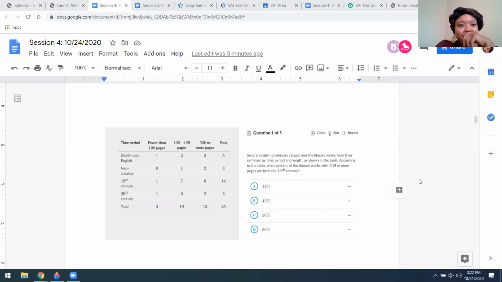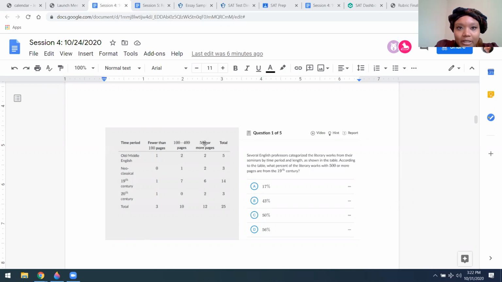You're going to have to be interpreting a lot of data with the SAT, so it's important to kind of trim the fat, so to speak. By that, I mean, just focus in on what you need from that data.